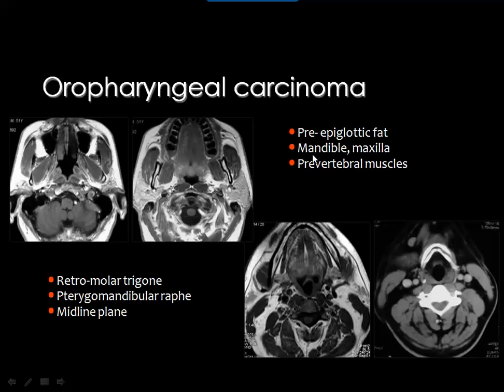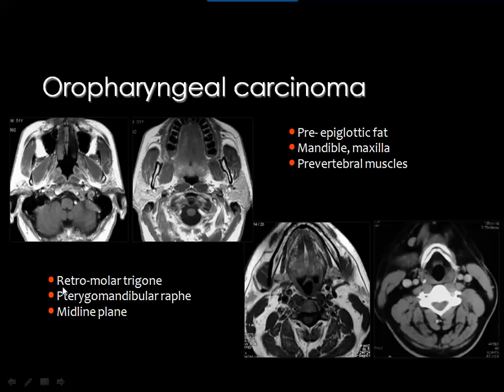Then you should look for invasion of the mandible and the maxilla, and then you see this is the mandible, and here are the maxillary sinuses, as well as the alveolar margin.